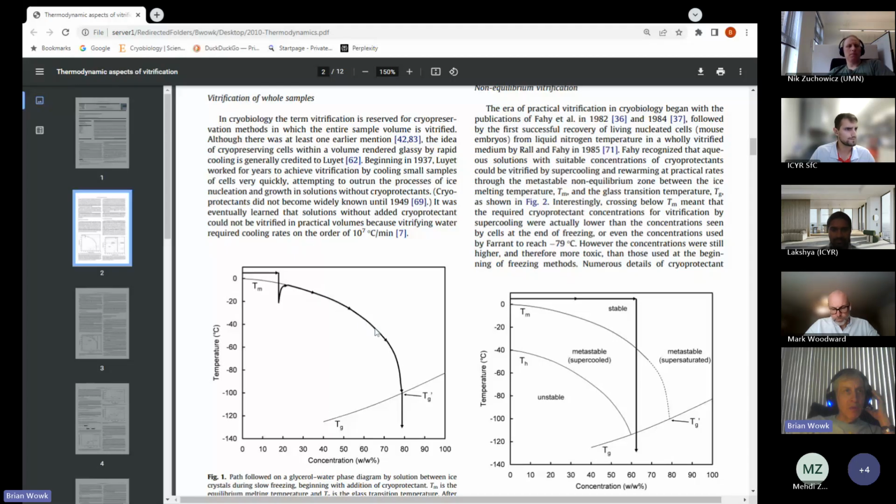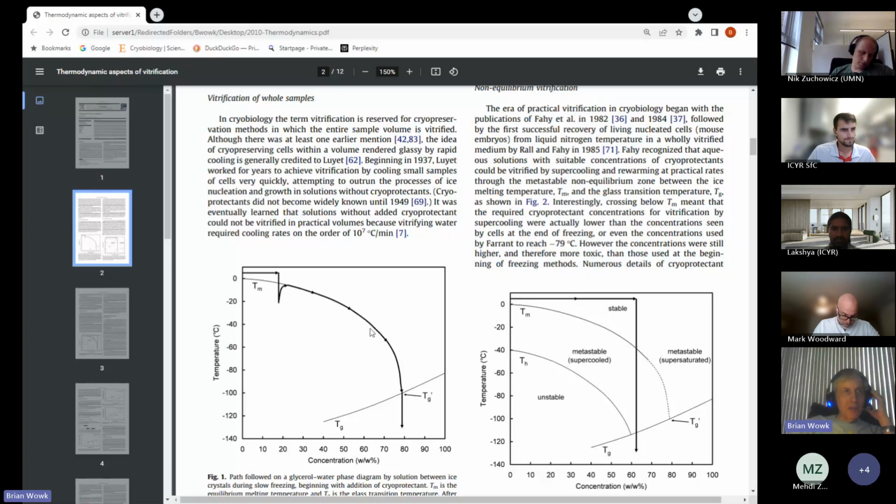And the way lots of people like to do things in freezing is they'll stop at about -40, the slow cooling, and then just plunge all the way down. Because once you're at -40, you've basically got a practically vitrifiable concentration of cryoprotectant between the ice crystals, and you can do a sort of non-equilibrium vitrification, just plunging.